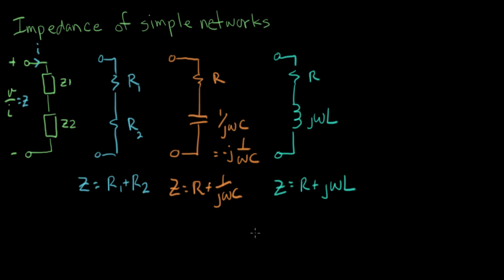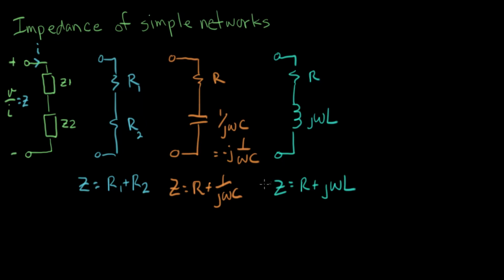Now what I want to do next is introduce some new terminology that we use when we talk about impedances. So let's look at these two examples down here for the capacitor and the inductor. R is a real number. 1 over J omega C, that's an imaginary number. And together they make a complex number. And over here with the inductor, we see the same thing, a real part and an imaginary part.